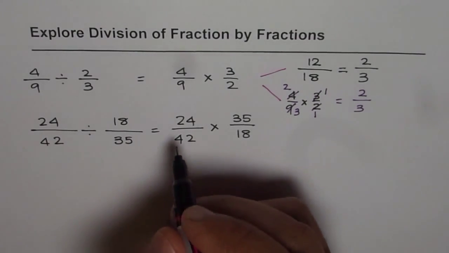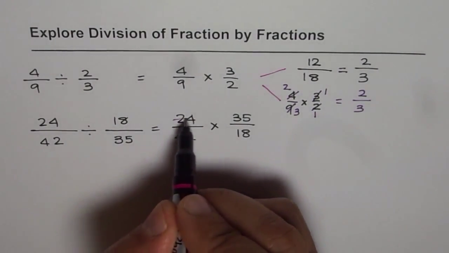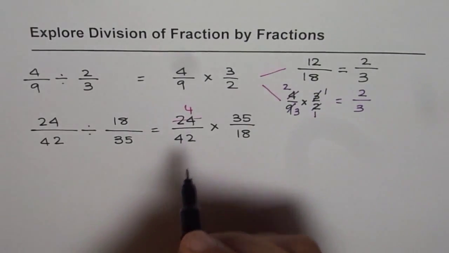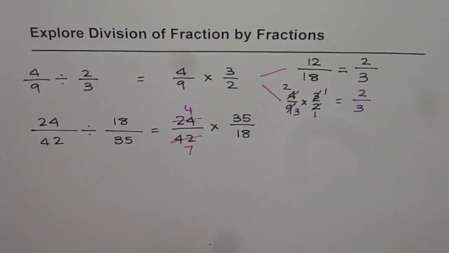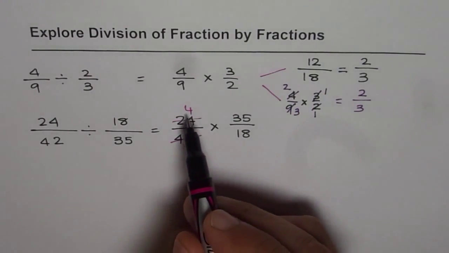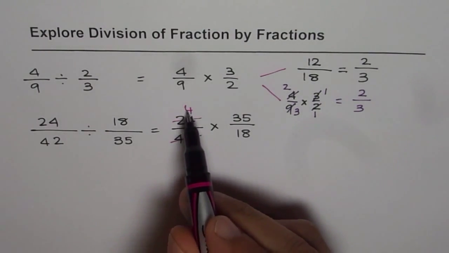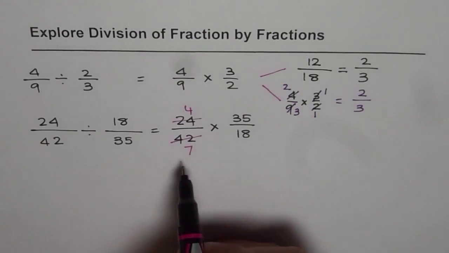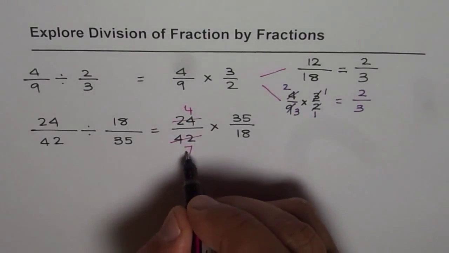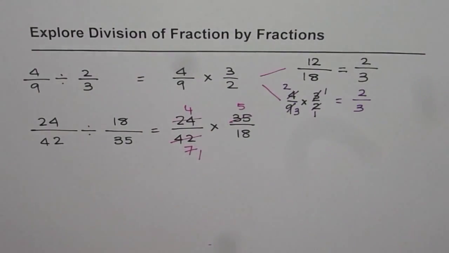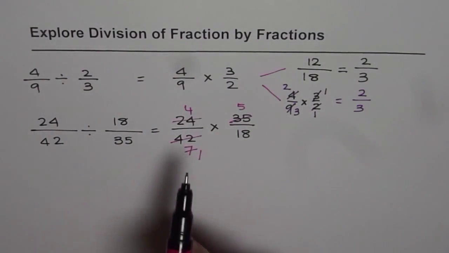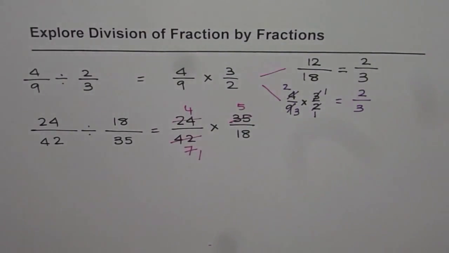Let's do 6 times 4 is 24, and we know 6 times 7 is 42. So we have simplified. We got much smaller numbers from 2-digit numbers to 1-digit. 35 can be divided by 7. 7 times 1 is 7, and 7 times 5 is 35. So you see, such smaller numbers to work with.